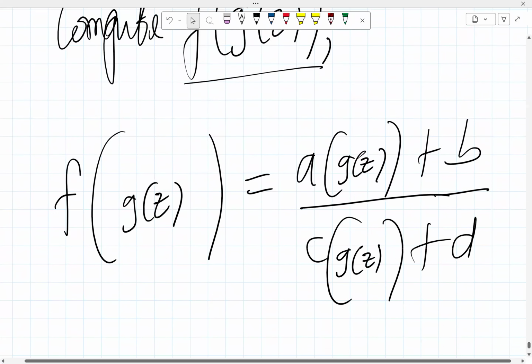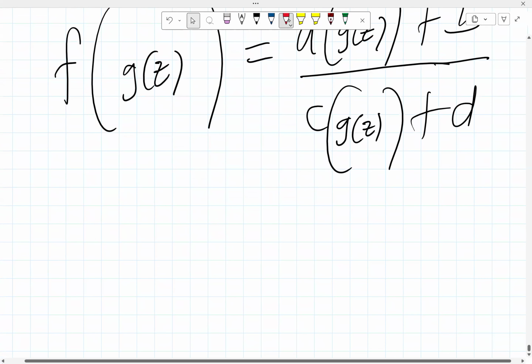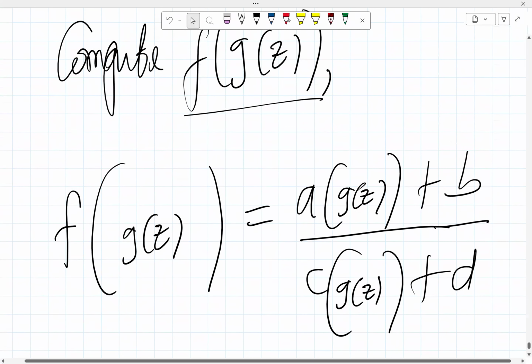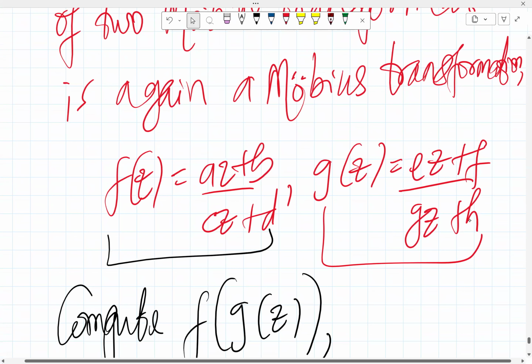Then with this out of the way, we can say that f of g of z is equal to, so we are throwing g of z into that place, and don't forget this is g of z right here.